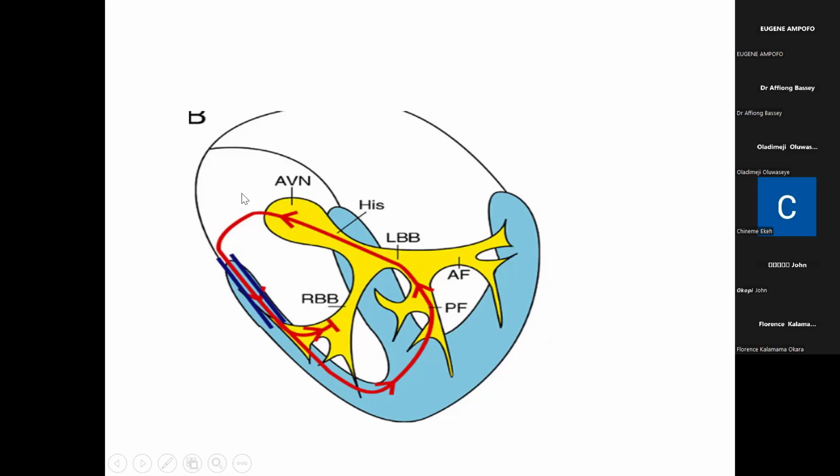So it's orthodromic because it is using the normal conducting tissue of the heart to conduct electrical impulse from the atrium to the ventricle, while it is using the aberrant tract, which is usually a fast tract, to conduct electrical activity from the ventricle back to the atrium.